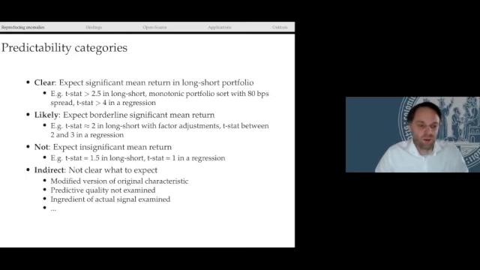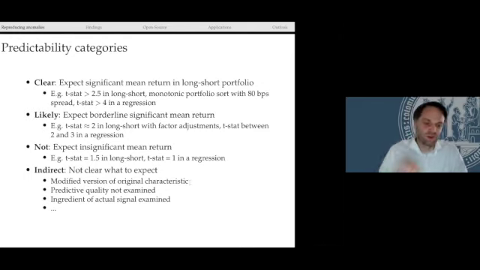Then there's the indirect ones, and the indirect ones are a very large category in the Hu Zhang paper. It's not clear what to expect here, because these predictors have not been investigated in the original studies. Sometimes they're modified versions of an original characteristic that has been examined.